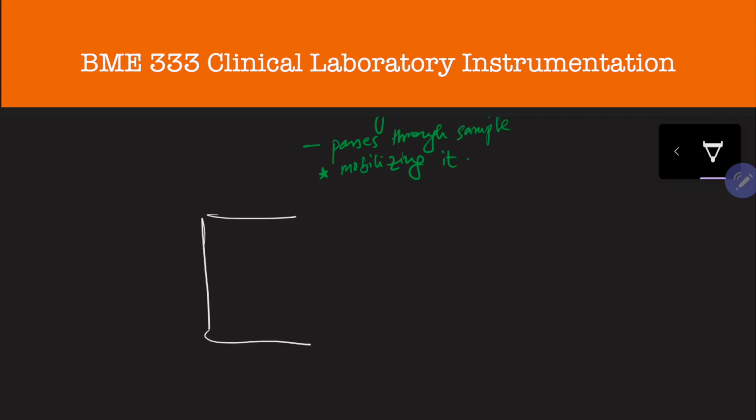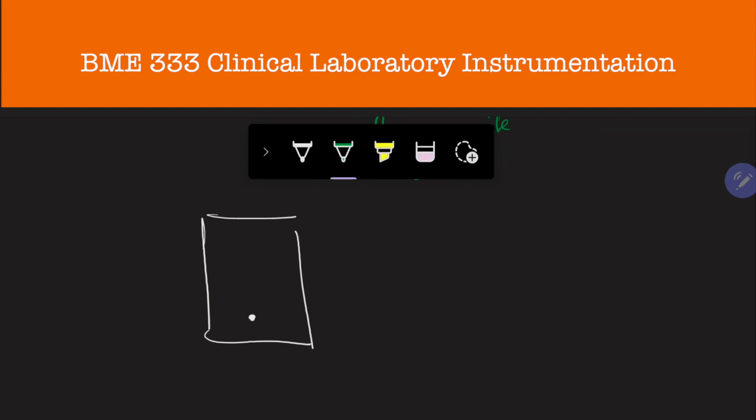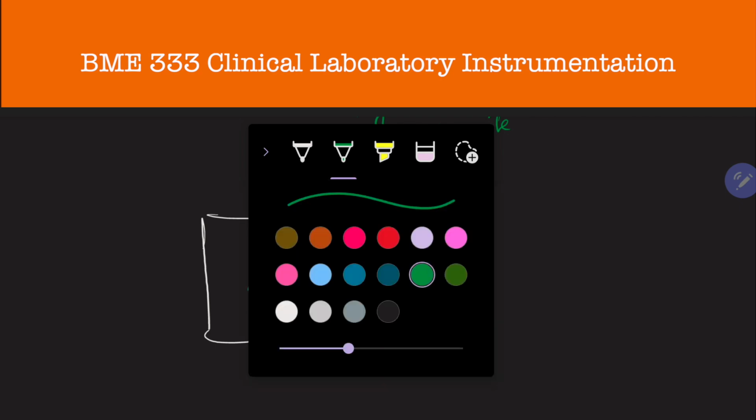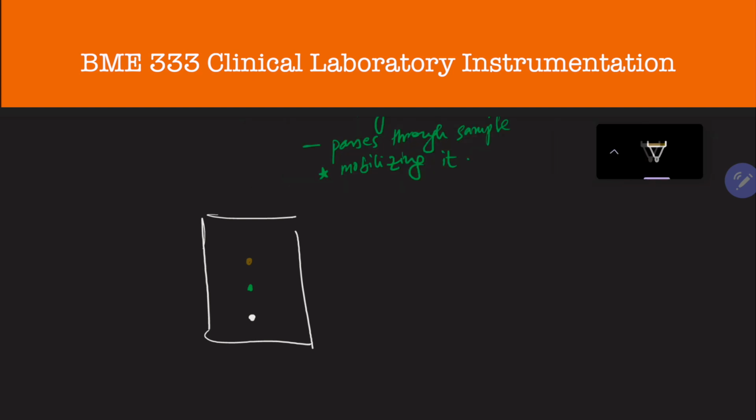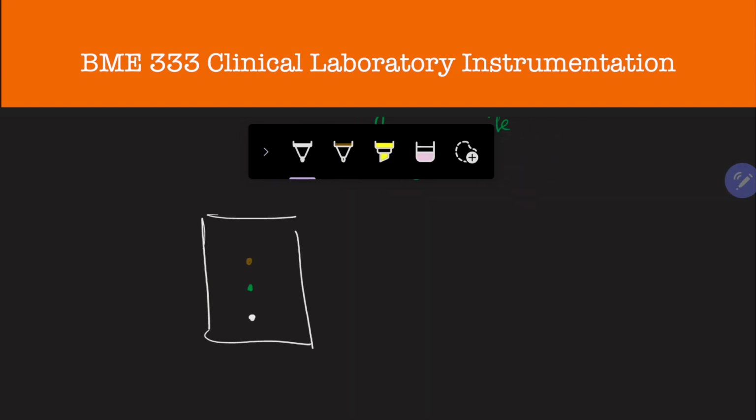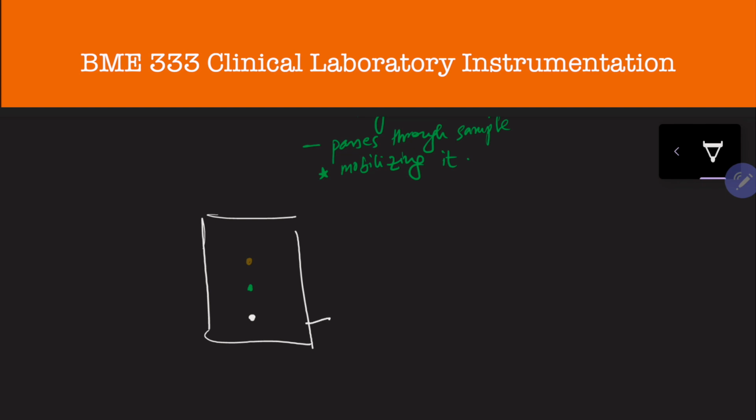It's basically just a ratio, and this ratio is different for different components in the mixture, based on the distance that different components travel. That is how we identify different components.